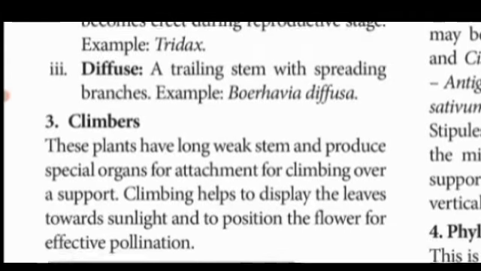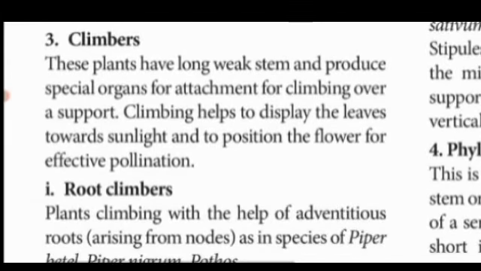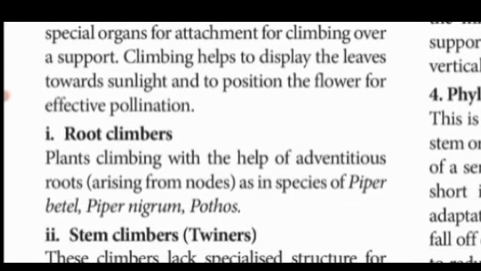The next type is climbers. These plants have a long weak stem and produce a special organ for attachment for climbing over a support, such as a nearby tree or fence. Climbing helps to display the leaves towards the sunlight and to position the flowers for effective pollination. They are root climbers, stem climbers, hook climbers, thorn climbers, and lianas.